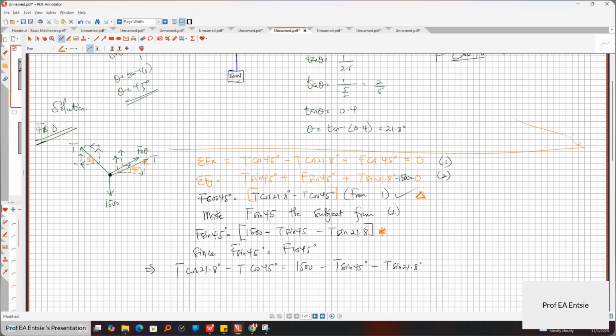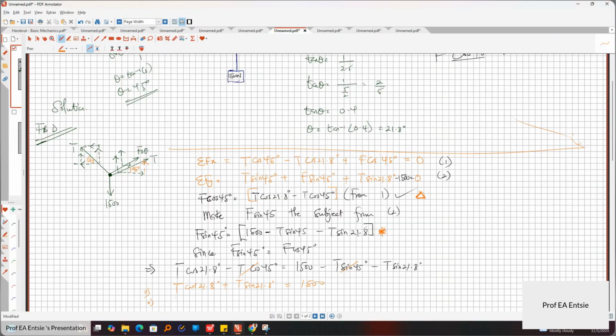Now I'll try and cancel some of them. I know cos 45 and sin 45 are the same, so this and this will cancel. At the end of the day, I'll get T cos 21.8 degrees plus T sin 21.8 degrees, because it will come to the left hand side, equal to 1,500.